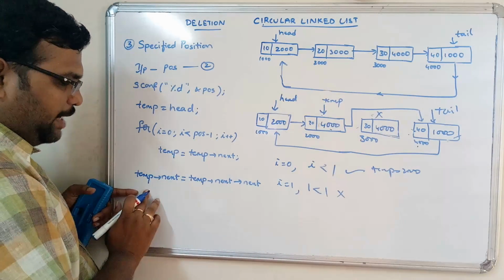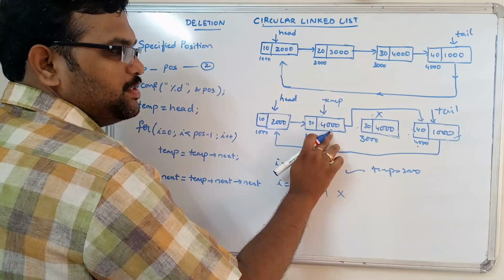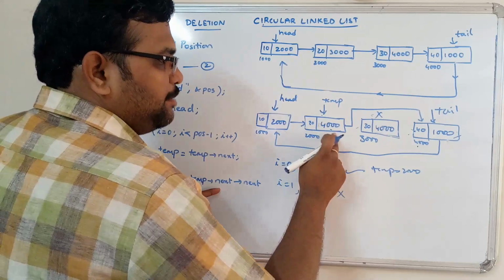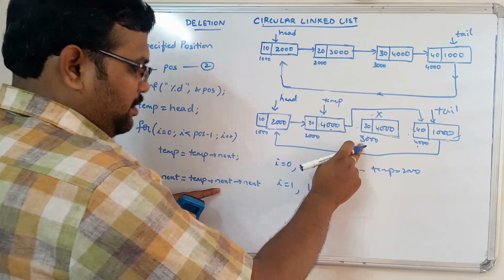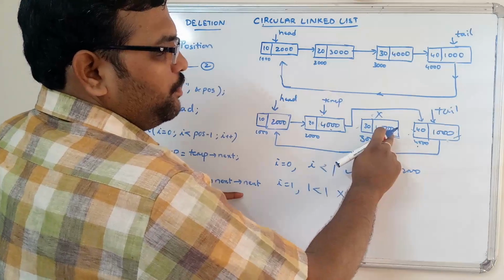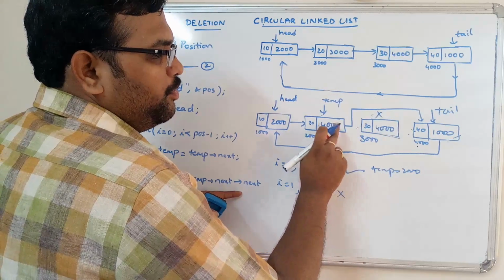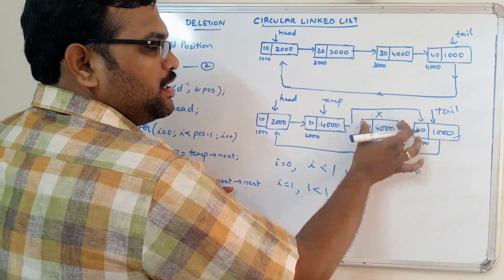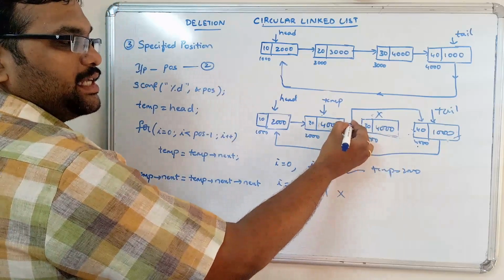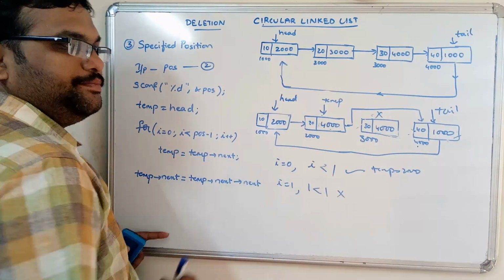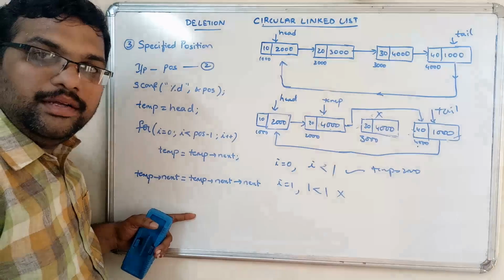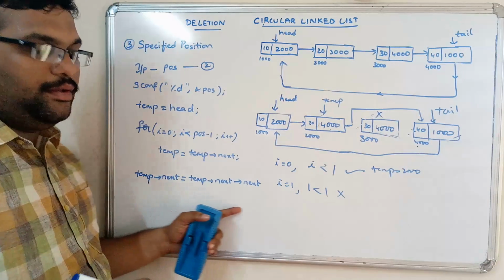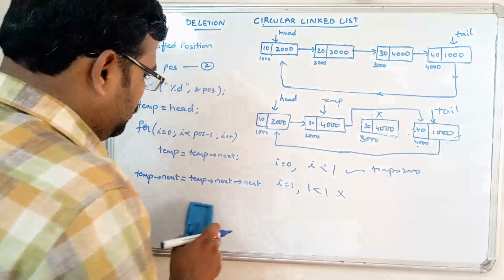So temp of next, this position, is equal to temp of next of next, that means 3000 of next, that means 4000. So 4000 will be moved into the address position of temp. Automatically that particular 3000 element will be disconnected from the linked list. Hope you understood this one, right? A simple thing.